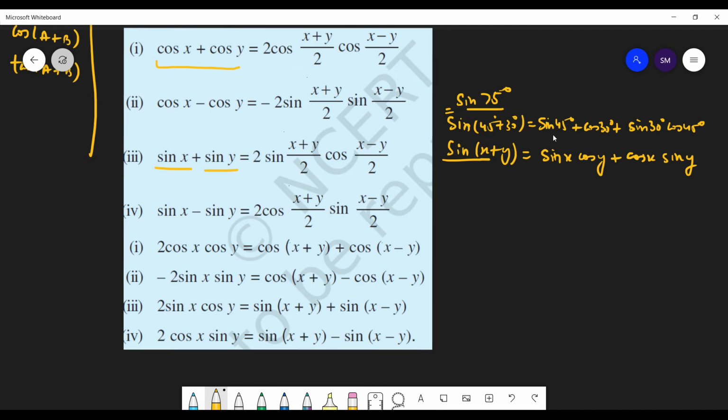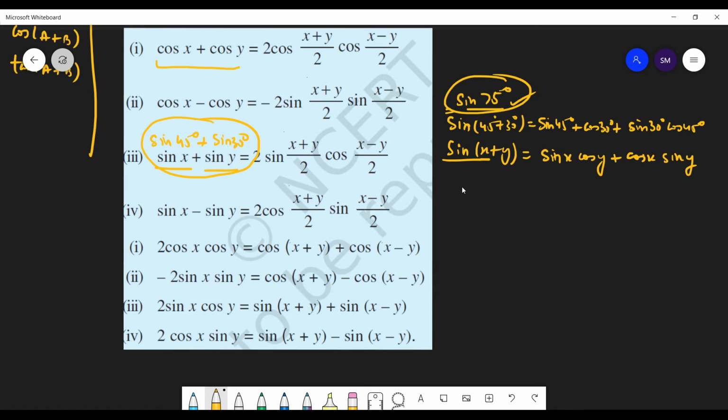That's the same thing, right? Exchange the angles, and you can find the value of sine 75. Now what does this mean? This means sine 45 degree plus sine 30 degree. So students, are these two things same? Sine 75 and sine 45 plus sine 30? No, these are two different things.